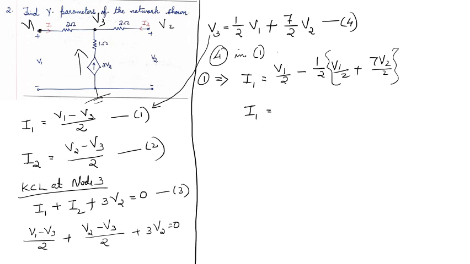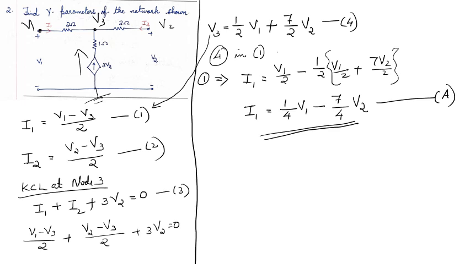Finally, we will get it as 1 by 4 V1 minus 7 by 4 V2. We got I1 in terms of V1 and V2. This is our equation A.